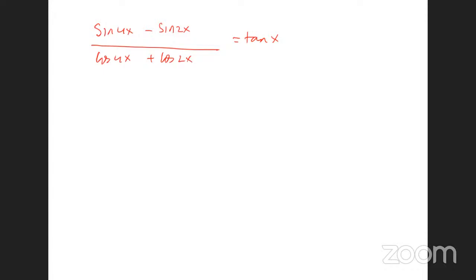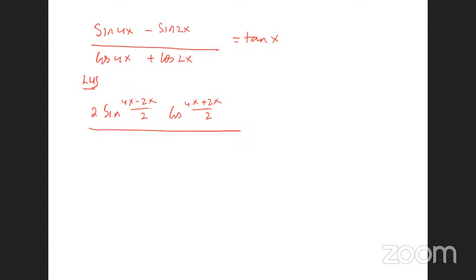If you check in the group, I just sent 2 papers. We could just try the first one, the trig question for tomorrow. You have to learn the 2 things and just practice that question. Sine 4x minus sine 2x, we're doing the same thing again. That will be 2 sine (4x minus 2x) on 2, cos (4x plus 2x) on 2, using the rule.